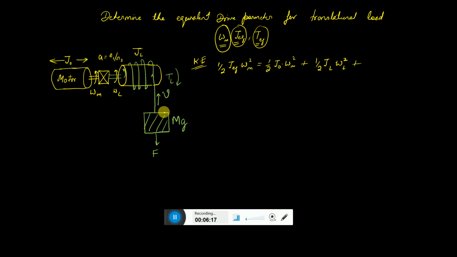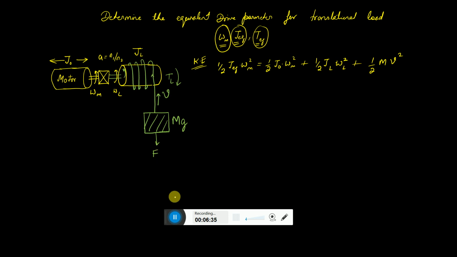Another is the linear motion moving upward, which gives half m v square. If I equate the kinetic energy, it looks like this.